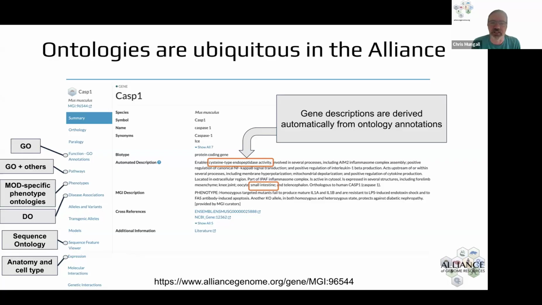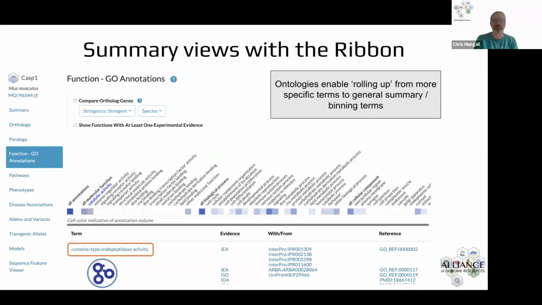And so you can see here I've highlighted a sentence: enables cysteine-type endopeptidase activity involved in several processes. So this is a nice natural language statement, but this term is actually from the GO. And then further on in the description, you can see terms from other ontologies, like the small intestine, for example. So these ontology annotations all go into making these natural language gene descriptions.